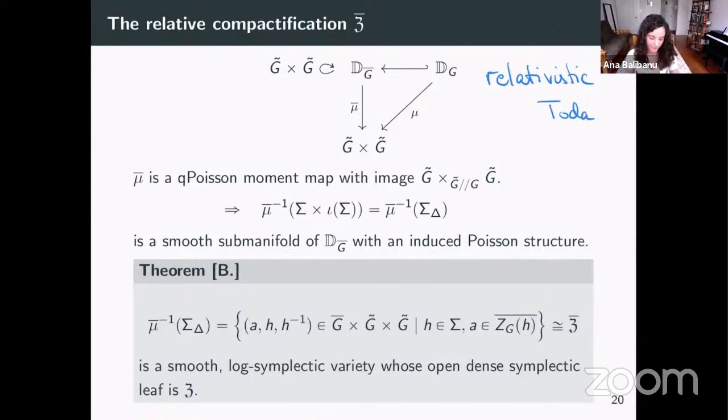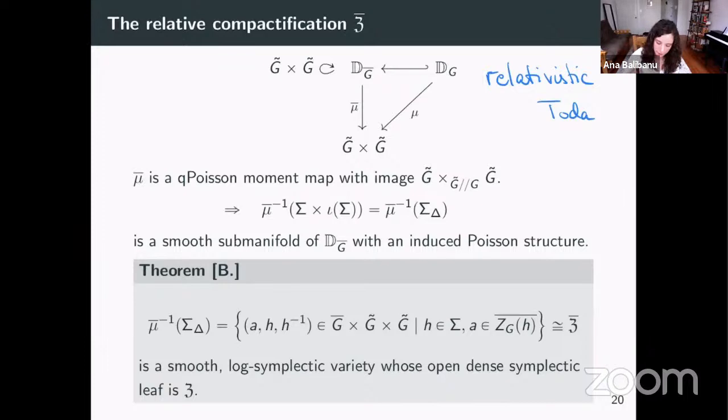If I took the universal centralizer, but I took both components to be in the simply connected cover of G, then that is called the completed phase space of the relativistic Toda system.